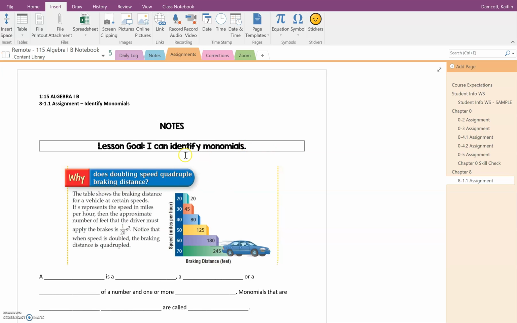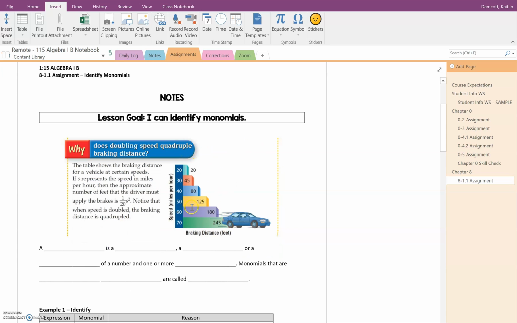So the first thing that we're going to do is take a look at this problem right here. It asks, why does doubling speed quadruple braking distance? So it appears that the faster you go, your braking distance is increasing. The table shows the braking distance for a vehicle at certain speeds.